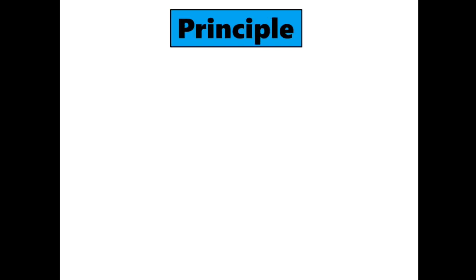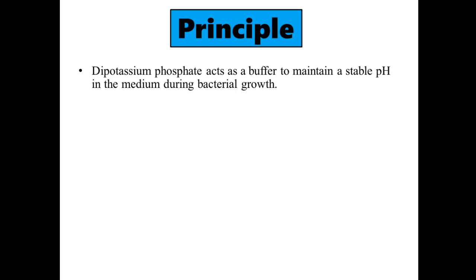Now let's see the principle of the test. The media contains dipotassium phosphate, which acts as a buffer, meaning it can maintain the pH. When the pH is stabilized, the bacteria can grow and be easily detected.